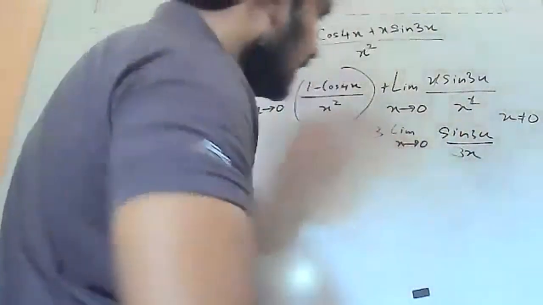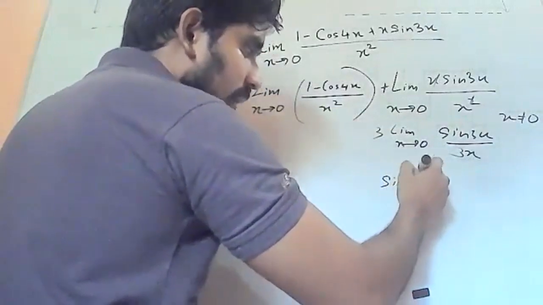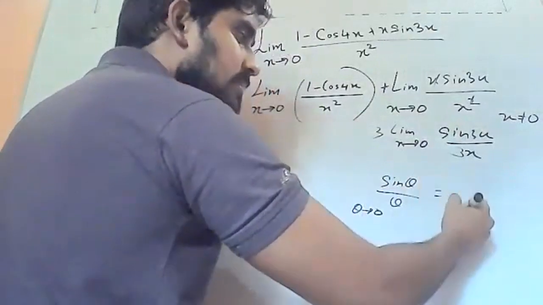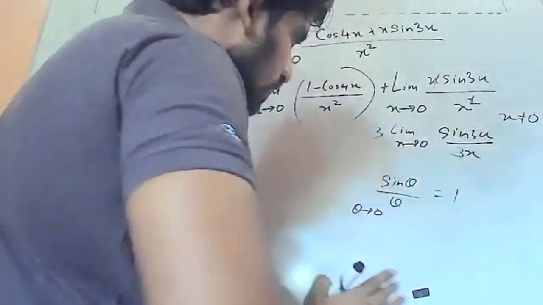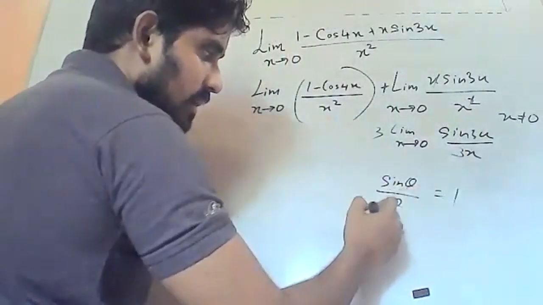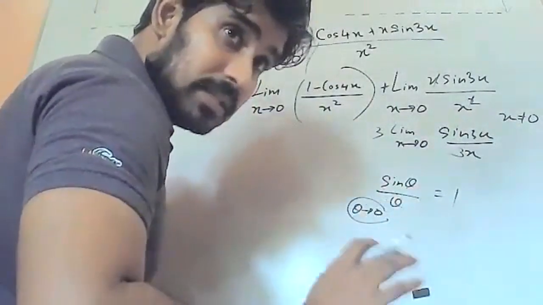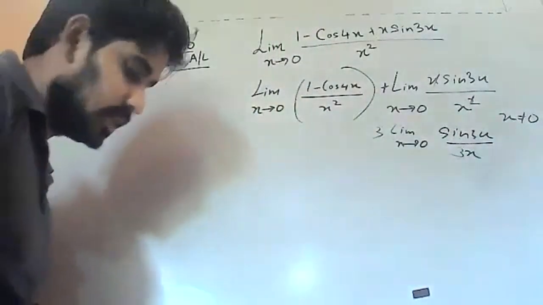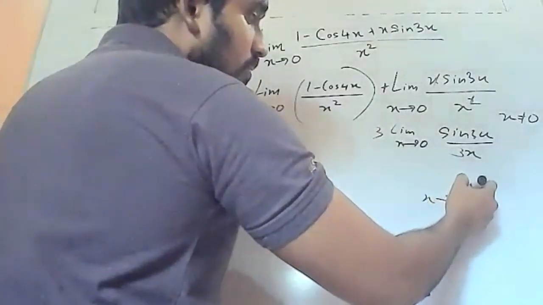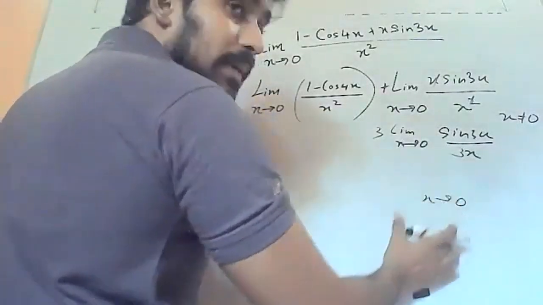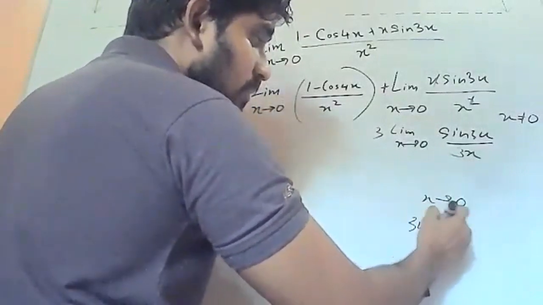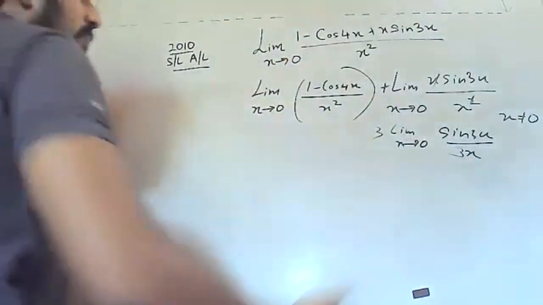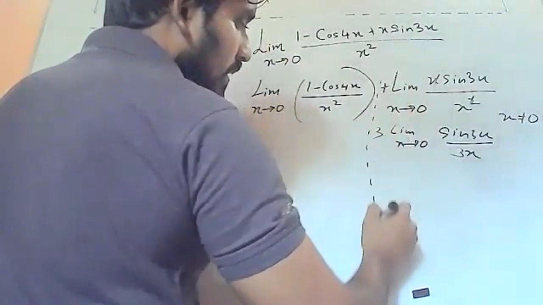The formula is given as sin theta over theta, and when theta goes to 0, it is 1. That is true, but the angle in the numerator and denominator must be the same. Otherwise, you can't. There is no magic. If x goes to 0, multiply both sides by 3, so 3x also goes to 0. No problem.